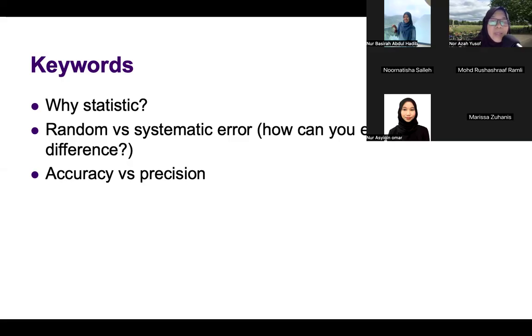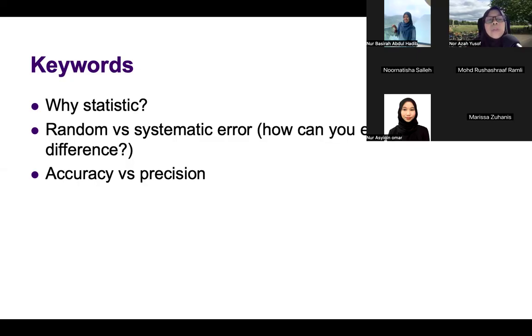If you're not doing any lab work, you are full-time students, then you can open back your old notes and review, and make sure that you know how to differentiate between random and systematic error.